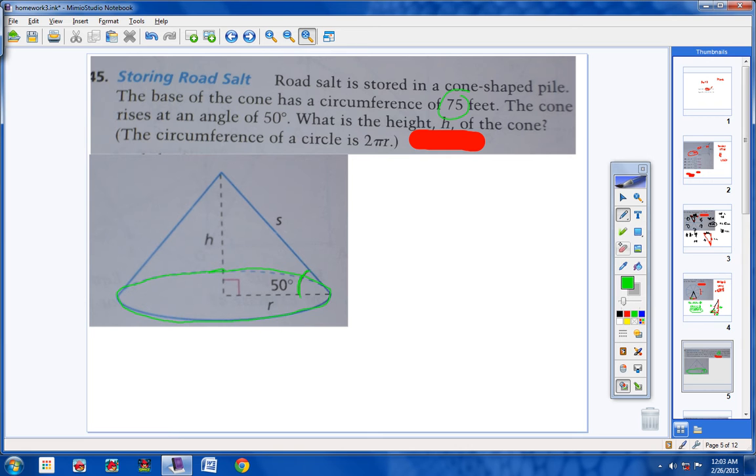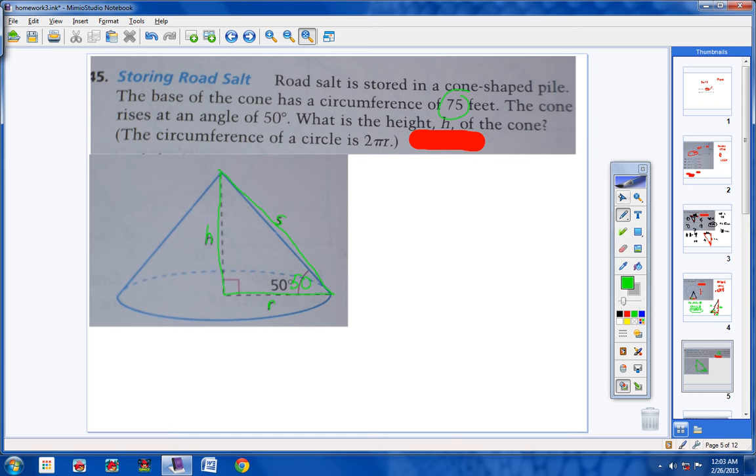Now, I want you guys to think about this, please. Here's a right triangle, look right here. This is my H, this is my S, this is my R, and this is my 50 degrees right here.